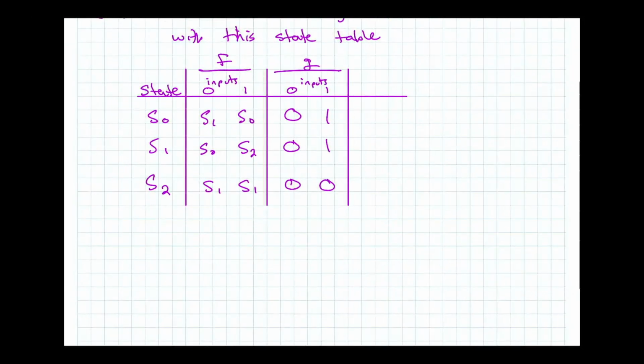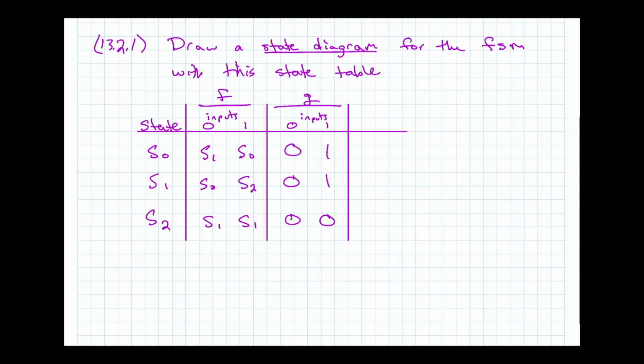Okay, just to remind ourselves of what's going on here, the way you would read this, this is not part of the answer, but just to make sure we are on the same page: suppose the current state is S1 and the input is 1.